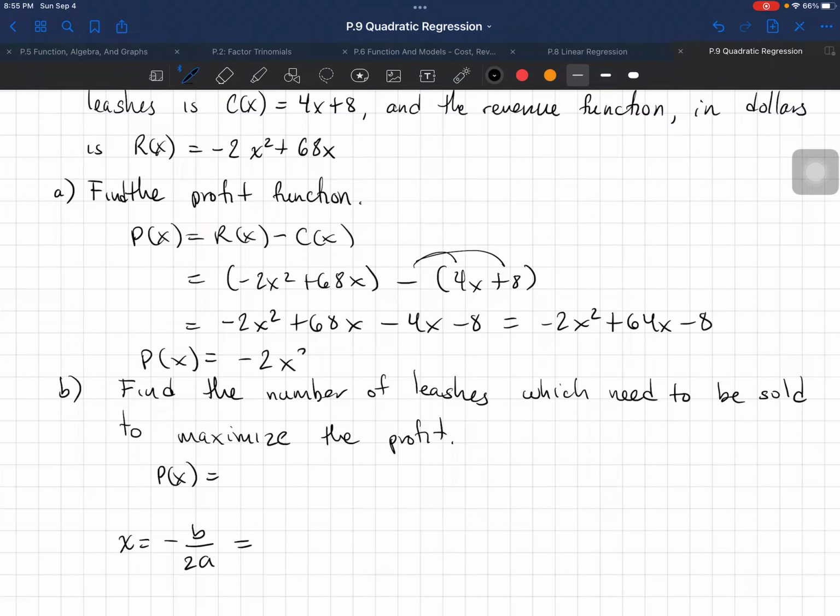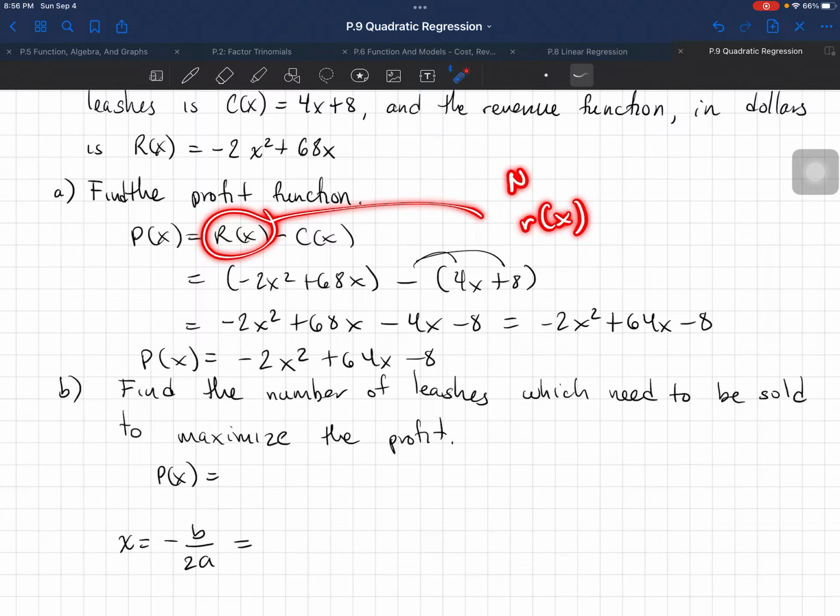Now it is important, just real quick, to keep these functions uppercase. If you decide to write R of x in lowercase, this is no good, right? It is established that uppercase R is the function for revenue.